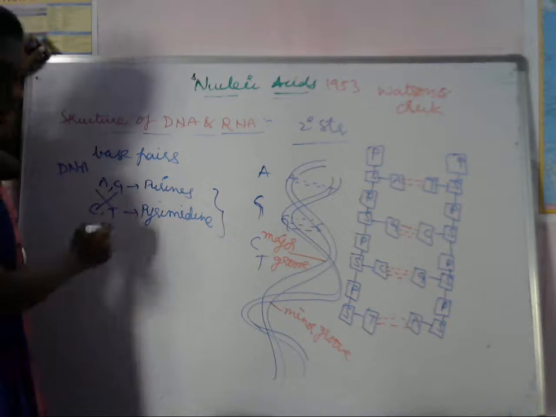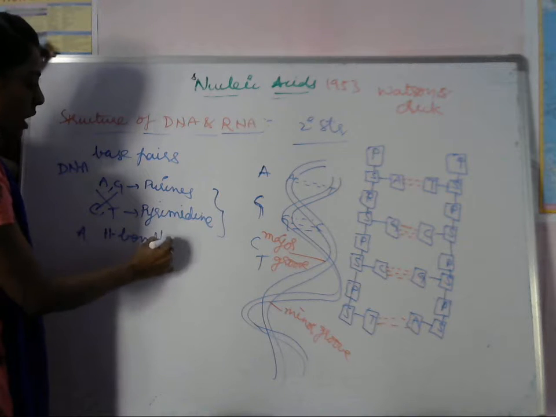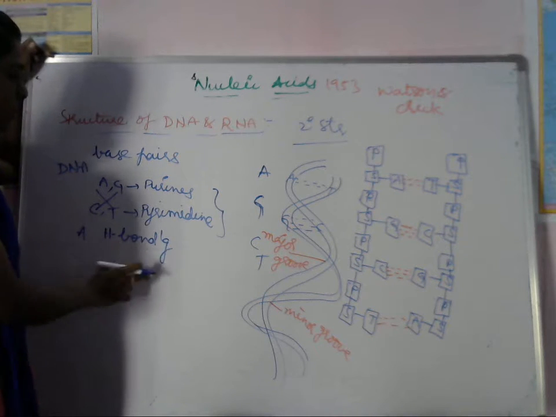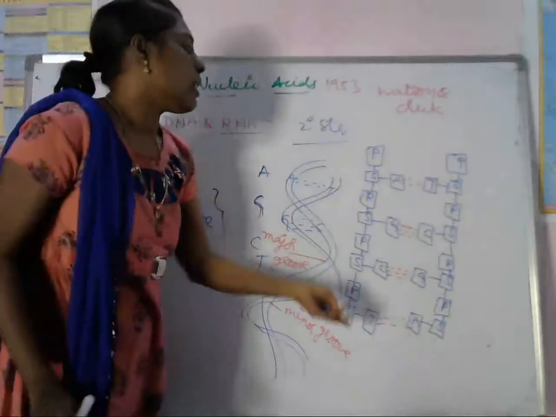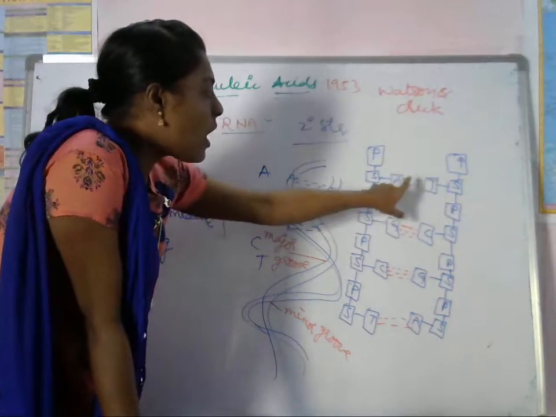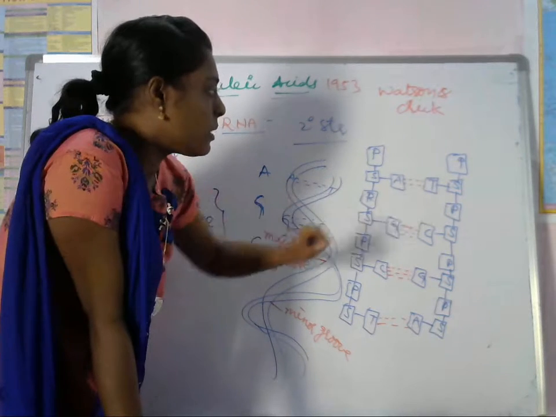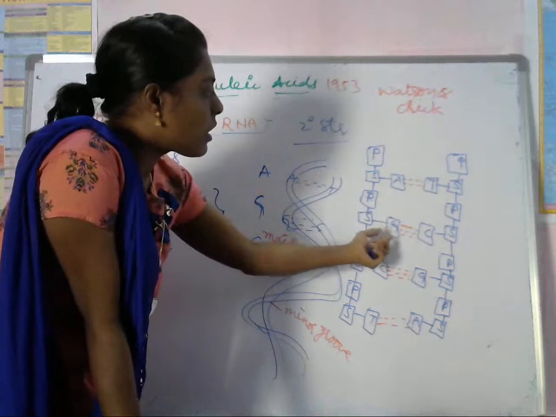Which type of bond is present here? Hydrogen bonding is present between adenine and thymine, two hydrogen interactions. And what about guanine and cytosine?